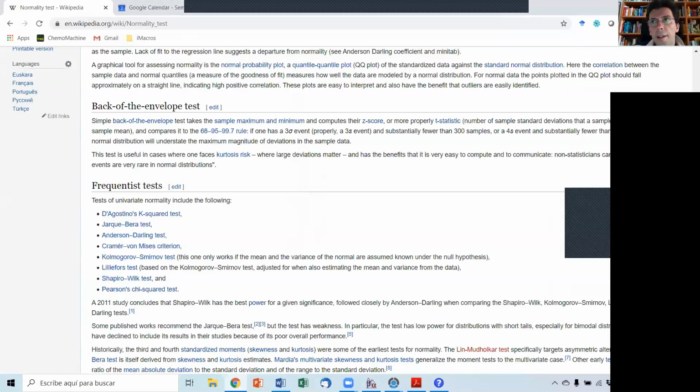That is, if you use them with a low number of samples, so let's say I have only 6 samples, the test will give a p-value that is high. So you cannot reject the hypothesis that the data is Gaussian. But it doesn't mean that the data is Gaussian.